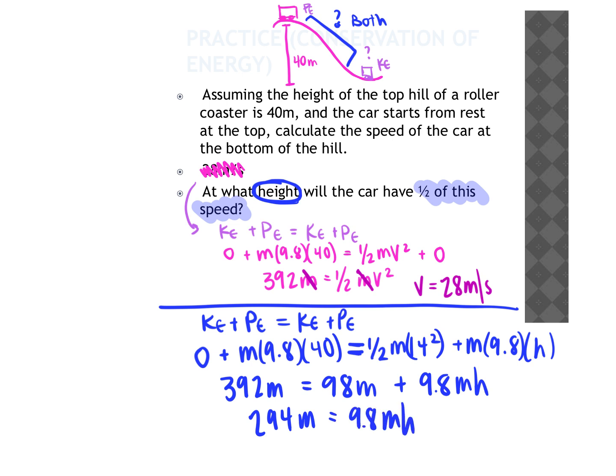So now I'm at an algebraic point right here where my m's do go away. So I'll take that divided by 9.8 and I get a height equal to 30 meters. Let's make sure mathematically everybody can get that to come out.